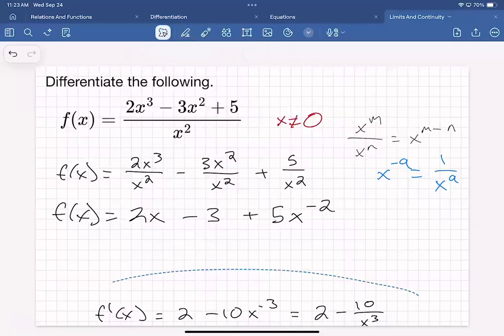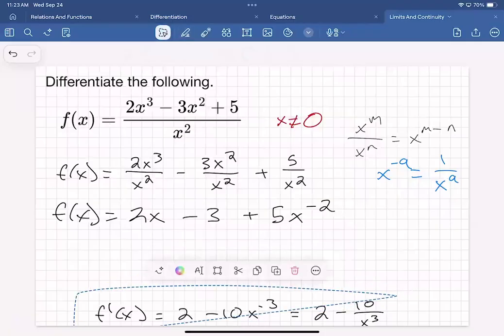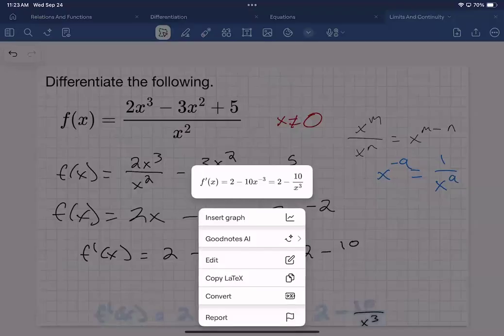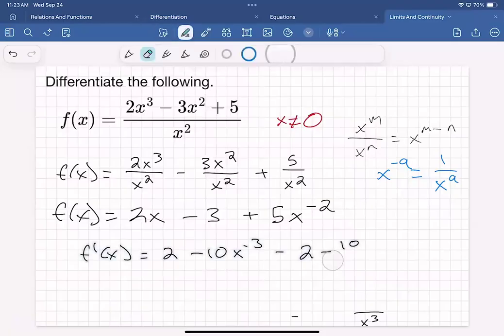But technically speaking, what I hope that we can get to is that we can see that that's all we need. Hey, that 3 that was in there, derivative of 3 is 0. The derivative of 2x is just 2. And then when I get to that 5x to the -2, right, I can bring it down. So this to me would be like, I'd rather do it this way.